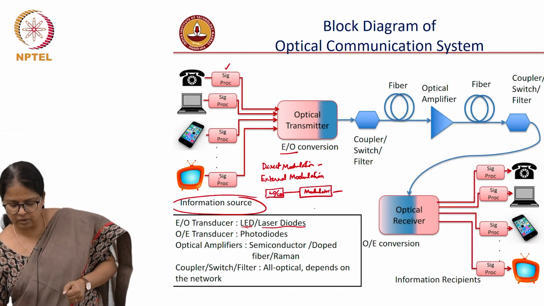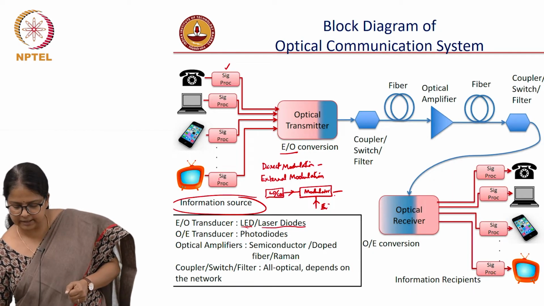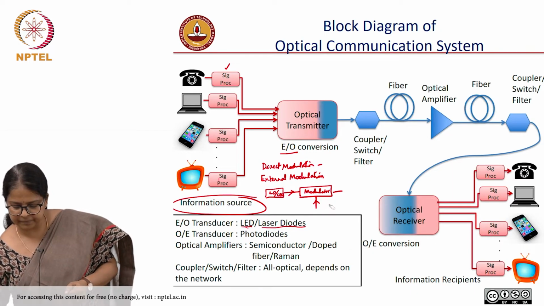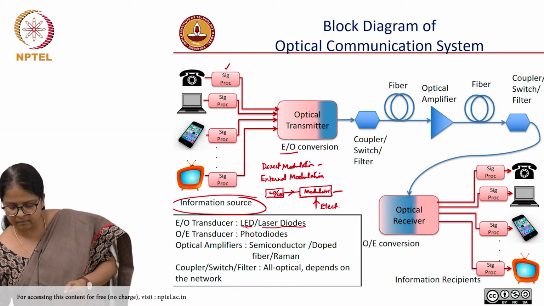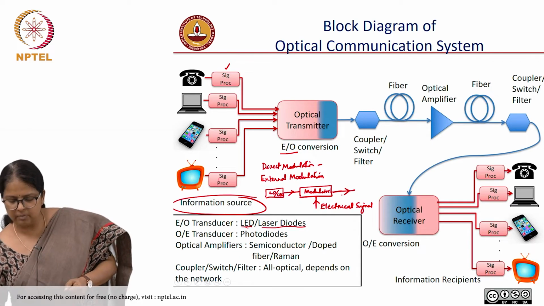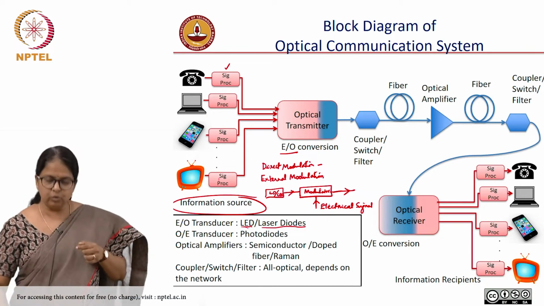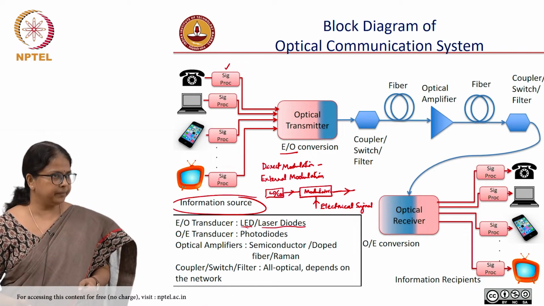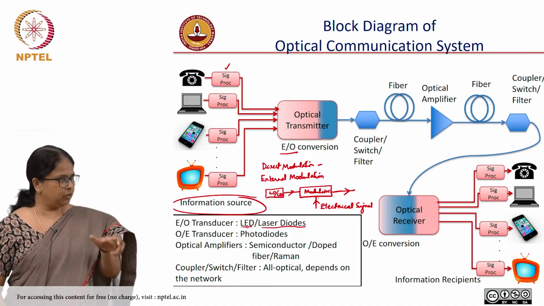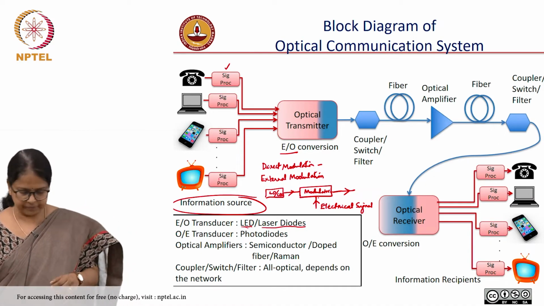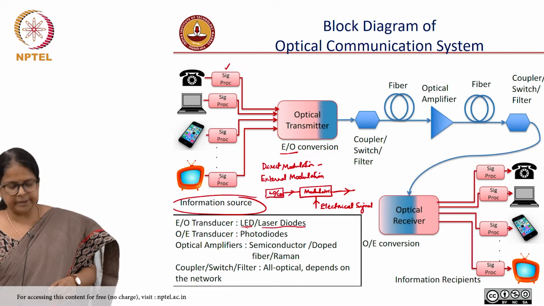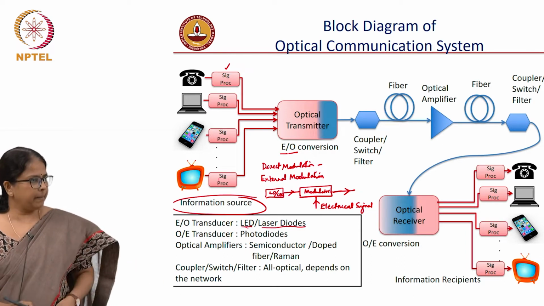The input to the modulator is, on one side, light and on the other side the electrical signal, and out comes modulated light. Depending on the kind of modulation you want to do, you would choose the design of the modulator appropriately. We will talk in detail about how to do phase modulation later. But in any case, the transmitter converts your electrical signal to optical signal.